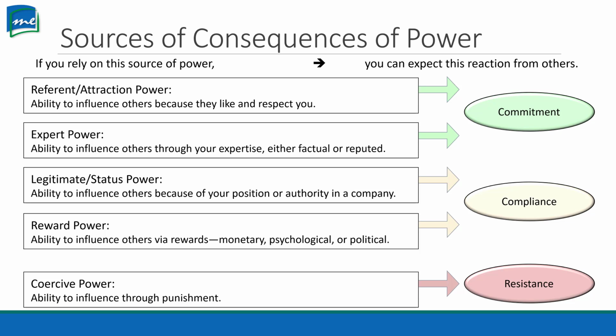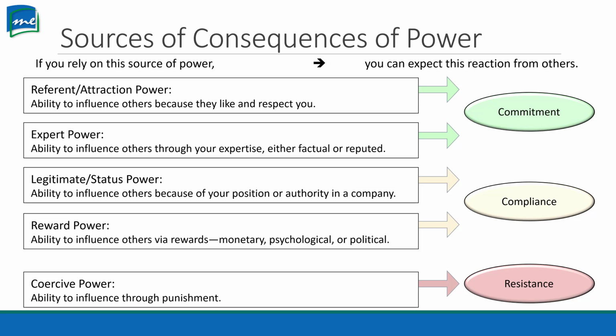You might not have a position of authority. And then there's this next one here, expert power. This is because you are an expert. You have the expertise, whether you actually have it or you have the reputation of being an expert. People are going to go with it because of that knowledge. So they're going to give you commitment as a reaction.